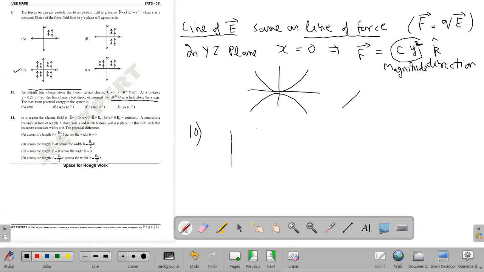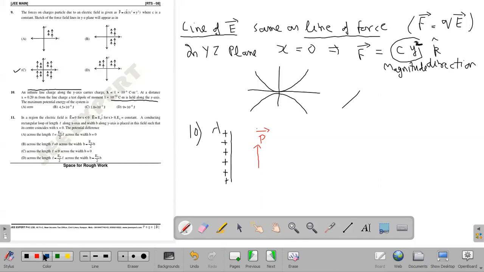So there is an infinite line charge. According to this question, this infinite line charge is along the y-axis. Suppose lambda is the linear charge density, and the dipole is placed parallel to it. So what will happen?